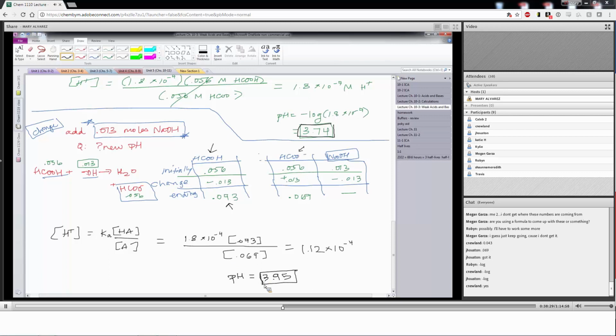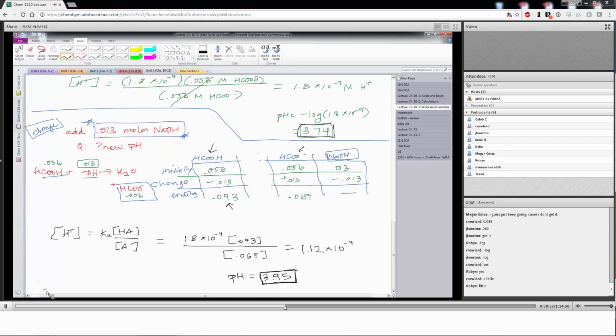The pH went up, which means it became more basic. Does everybody follow that? Just comparatively there. Okay. Now, is it a lot more basic, or is it just a little bit more basic? It's just a little bit. It went up by 0.2.